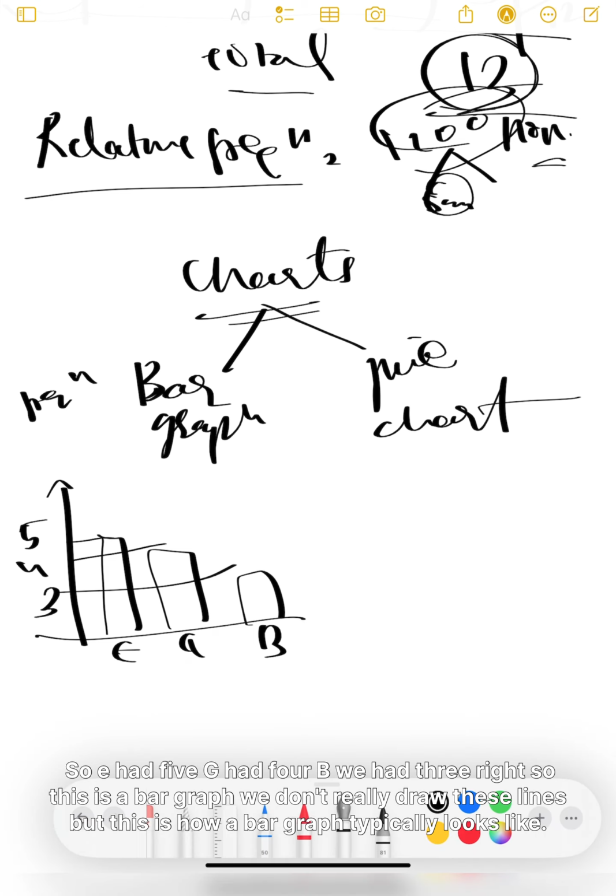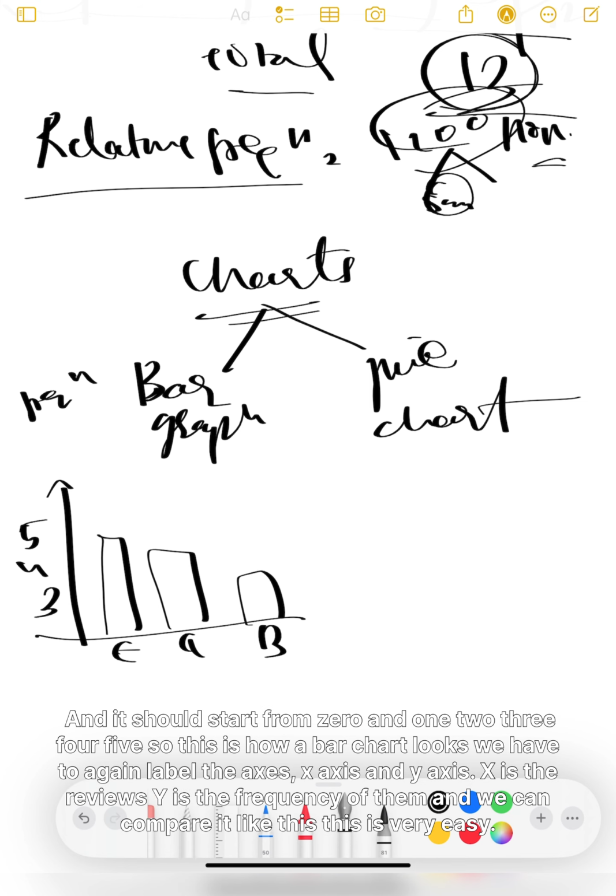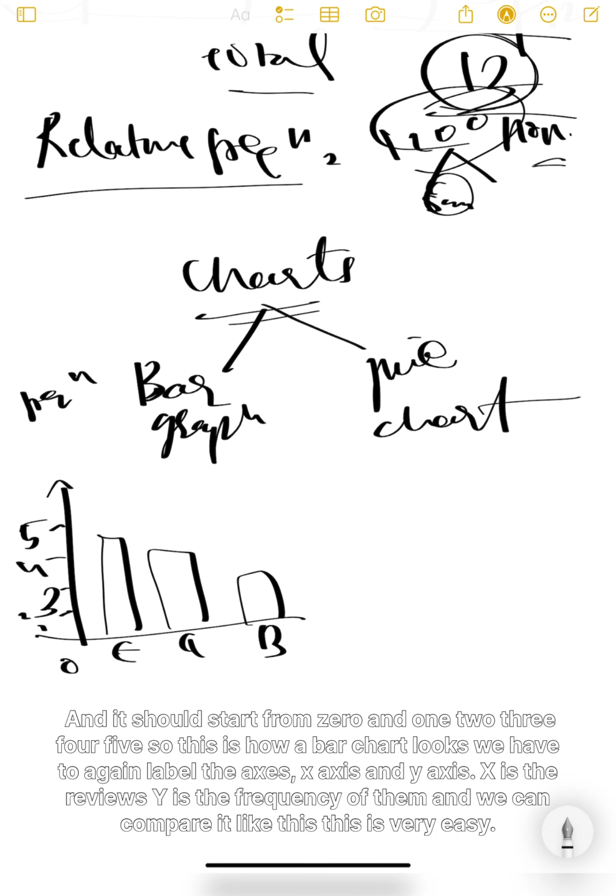We don't really draw these lines, but this is how a bar graph typically looks, and it should start from 0, then 1, 2, 3, 4, 5. So this is how a bar chart looks. We have to again label the axes, x-axis and y-axis. X is the reviews, y is the frequency of them, and we can compare them like this. This is very easy.